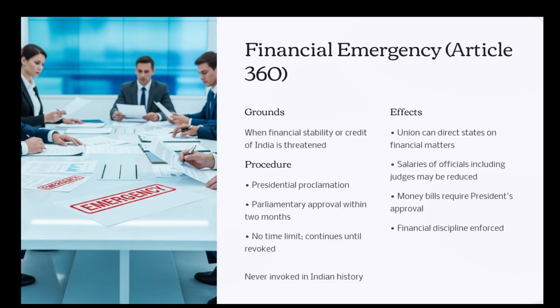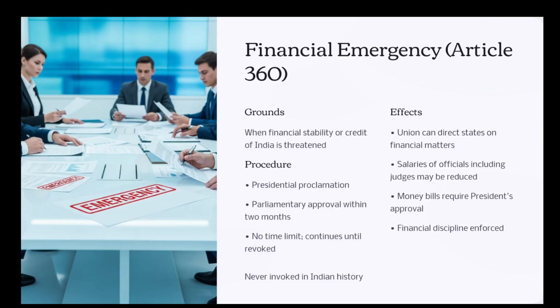Then financial emergency, Article 360, grounds and effects. So let us discuss grounds. When the financial stability or credit of India is threatened. The procedure: again the presidential proclamation, parliamentary approval within 2 months, no time limit, continuing until it is revoked.